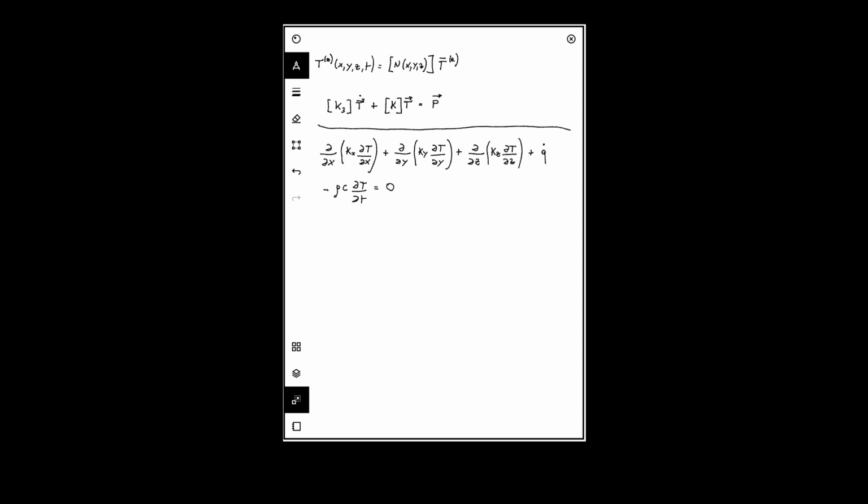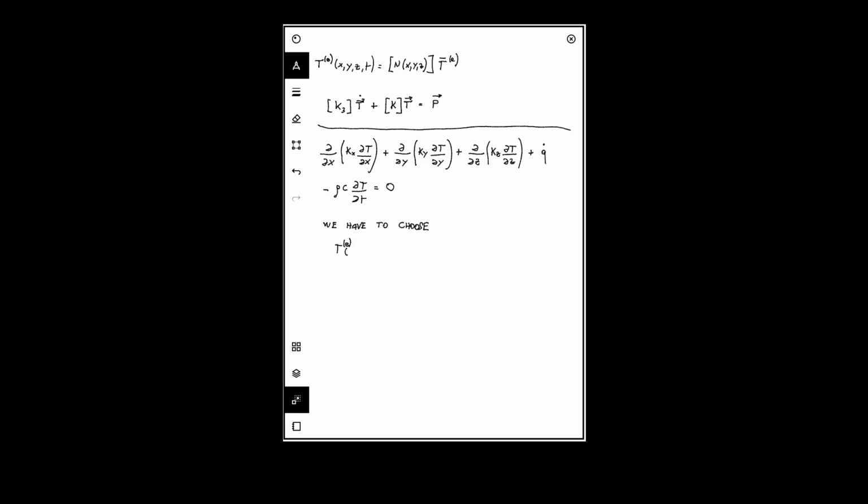Now we have the governing equation. Then we have to choose the interpolation function.